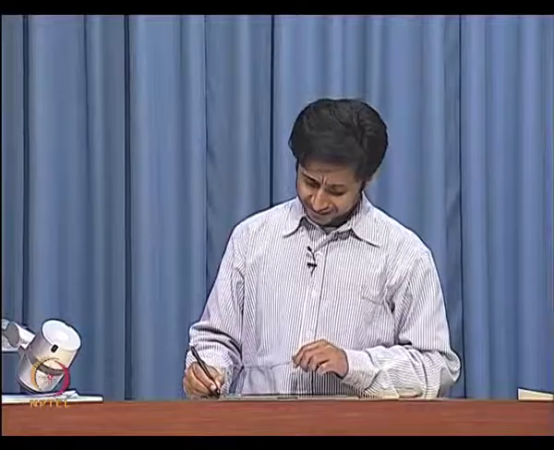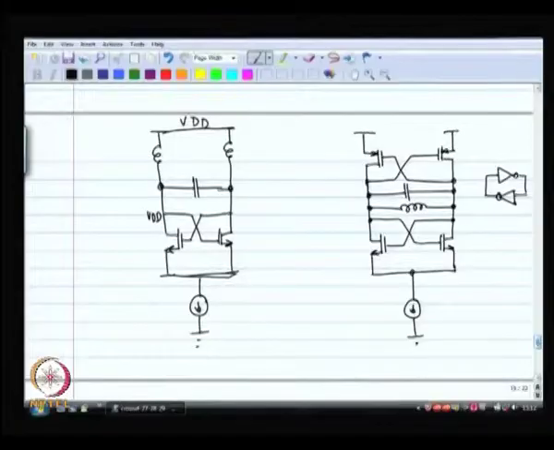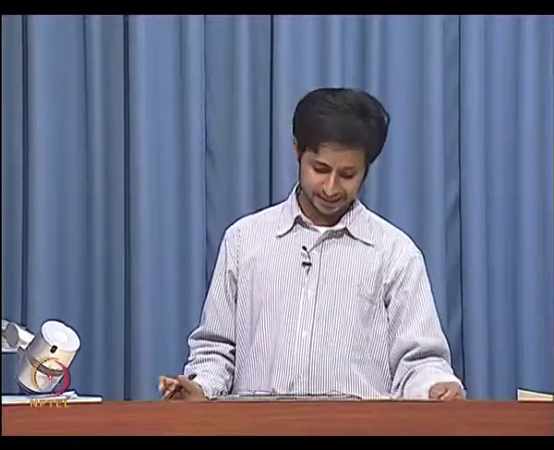In the last class we saw a couple of oscillator architectures, and these are fairly standard architectures. This kind of oscillator is used almost all the time in RF CMOS circuits, CMOS radio frequency circuits.